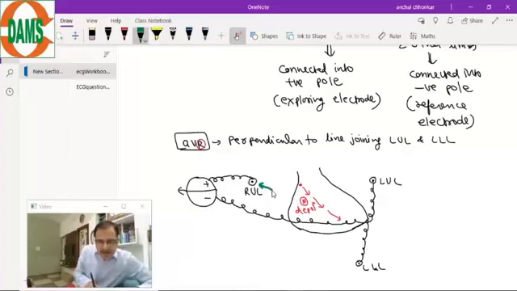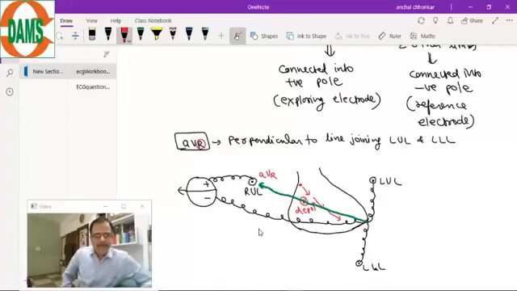Tail perpendicular to the line joining left upper limb and left lower leg. This is the vector line of AVR.